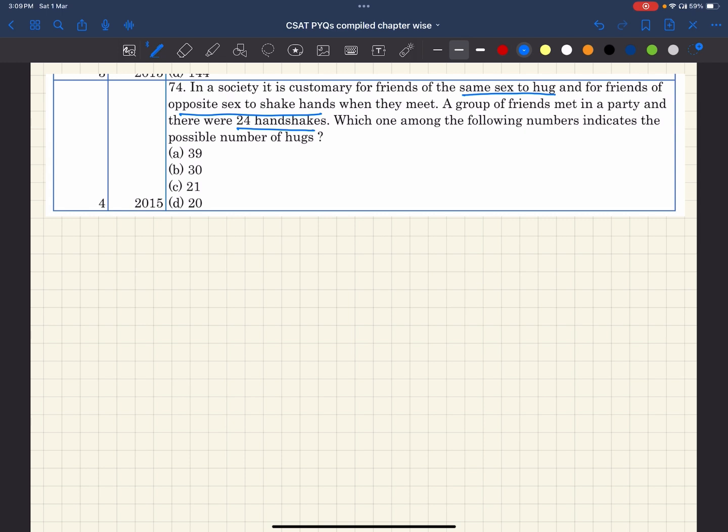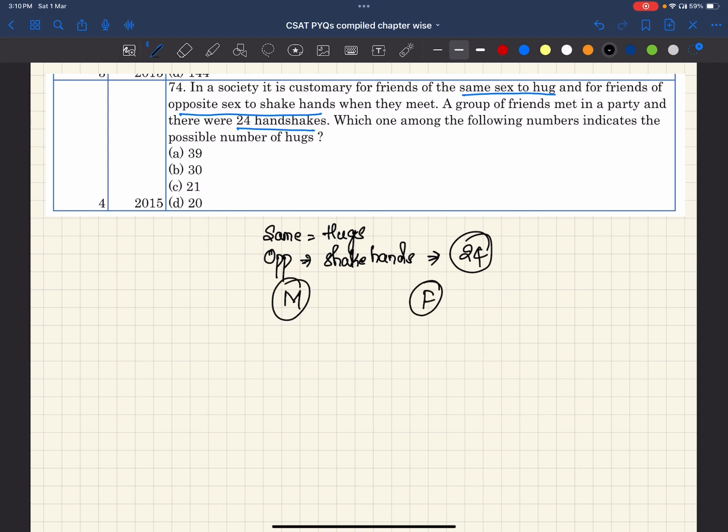Okay. Now see. So let's consider this is male and this is female. Right? So what will be the number of shake hands? If there are X people here and Y people here, the number of shake hands will be what?